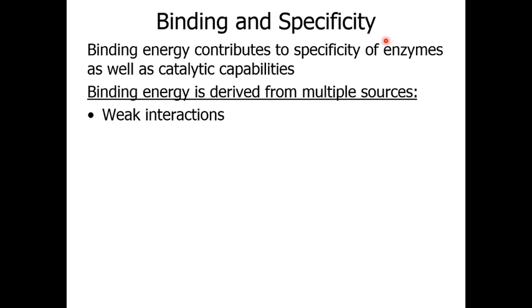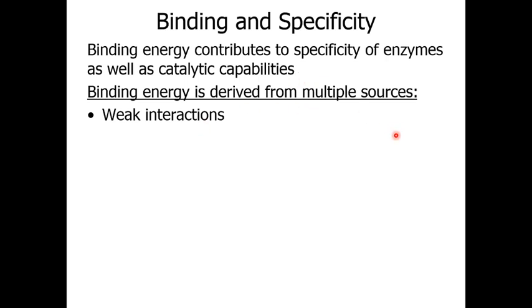Specificity is how specific a ligand or a substrate is to a protein or an enzyme, respectively. In other words, specificity is the ability of an enzyme to recognize its substrate. Binding energy contributes to specificity of enzymes as well as catalytic capabilities.